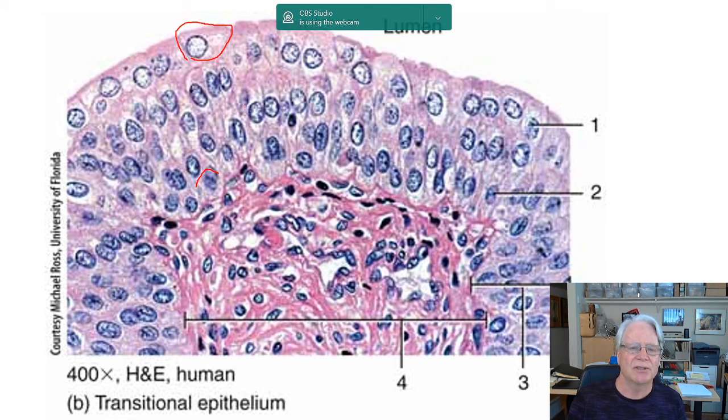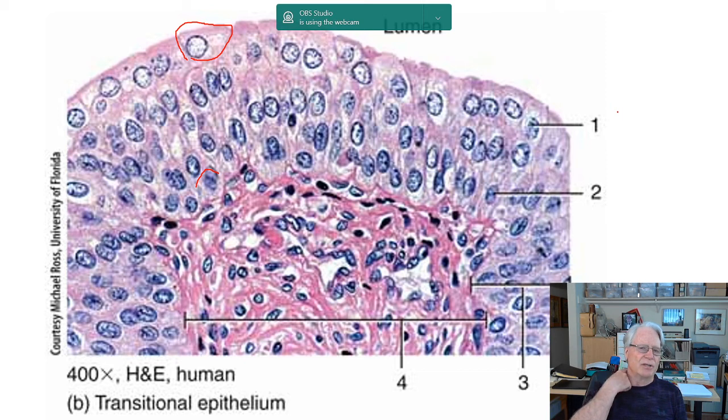Nuclei, scattered nuclei. I think the only way you're going to get confused here is if you think this is some sort of stratified cuboidal epithelium. First of all, little inside information. I'm not going to show you stratified cuboidal epithelium. There's just not enough of it in the human body to really have you see that and memorize that.